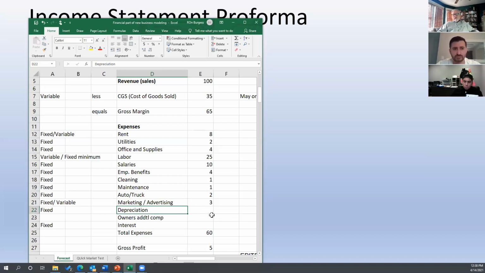Depreciation, of course, is fixed. I didn't put anything here because it's not a real expense. It's really a tax deduction, okay? So it doesn't have really any place. I put it there just so that we would be able to say it doesn't have any place in trying to figure out if you're making money. And Ed would disagree with me.